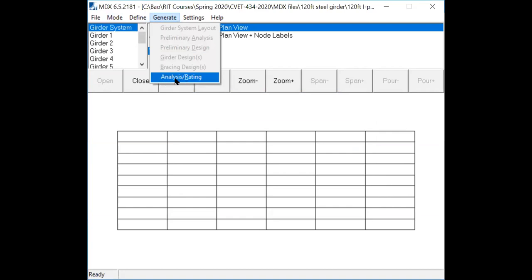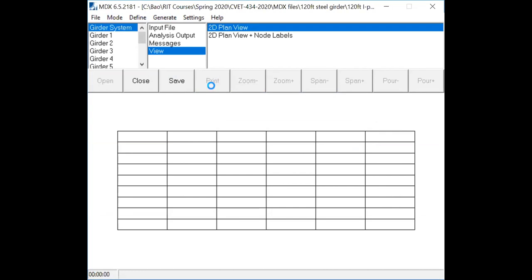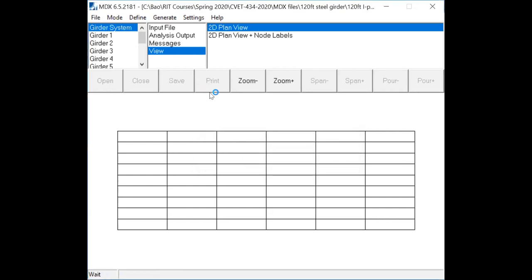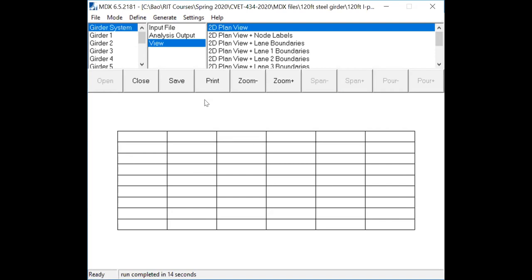So now you just click this analysis rating option. Okay, so when it's ready, it has completed the analysis rating.